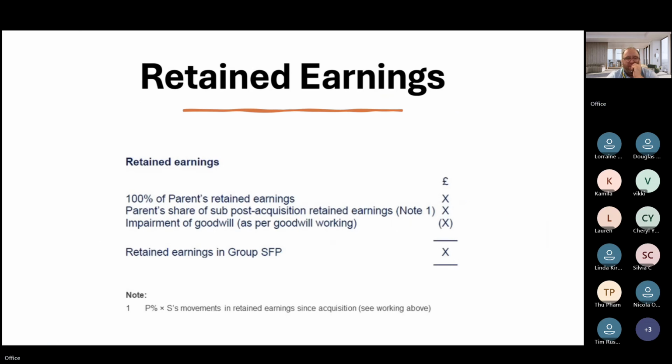So your group-wide retained earnings are made up of 100% of the parent's retained earnings, so whatever that parent company's retained earnings are, all of that. And then the parent's share of the subsidiary's post-acquisition retained earnings, which, as it says in the note at the bottom, is the parent's percentage of a subsidiary's movement in retained earnings since acquisition.